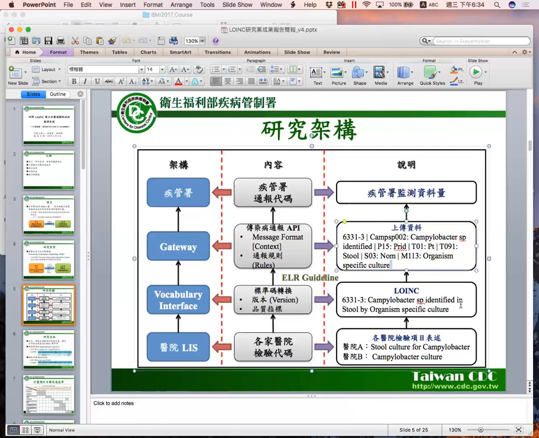Then at their pilot stage, they tried to manually curate all the codes related to these 20 diseases. Can you guess how many LOINC codes they needed to deal with for these 20 diseases?